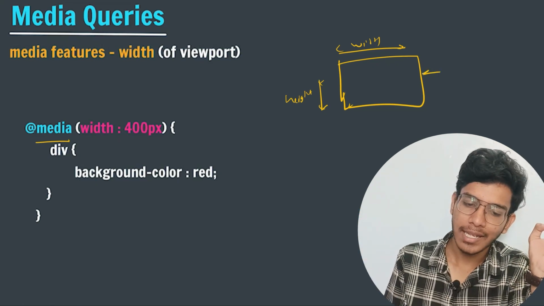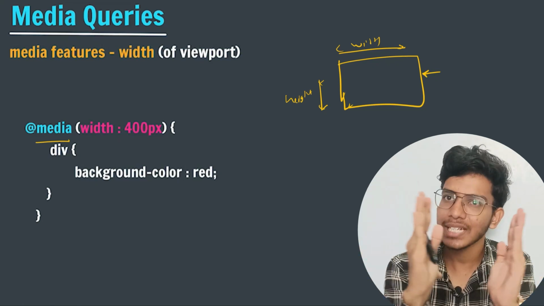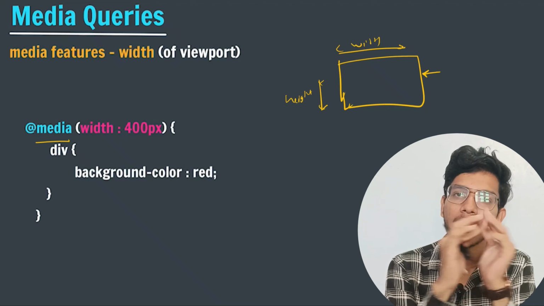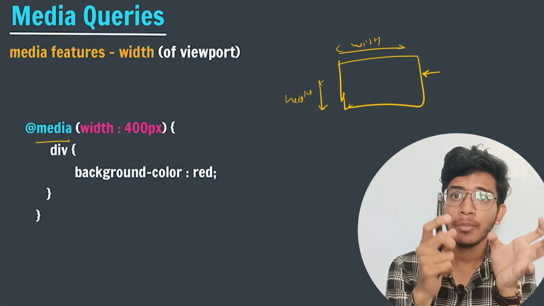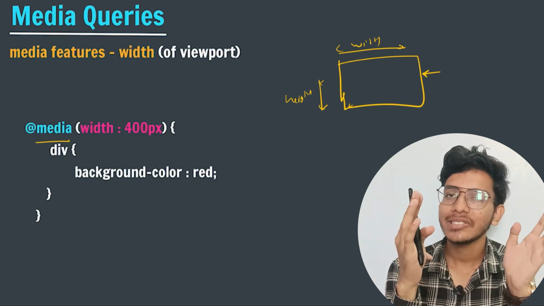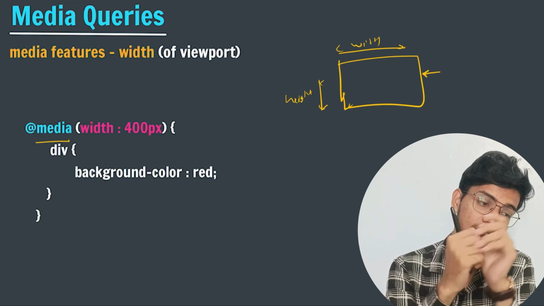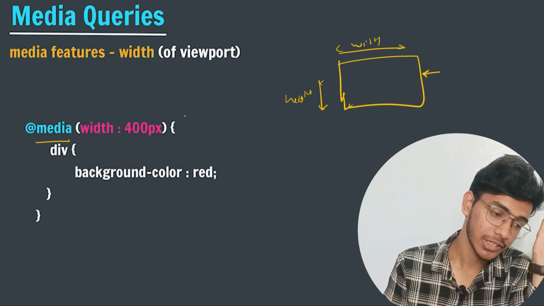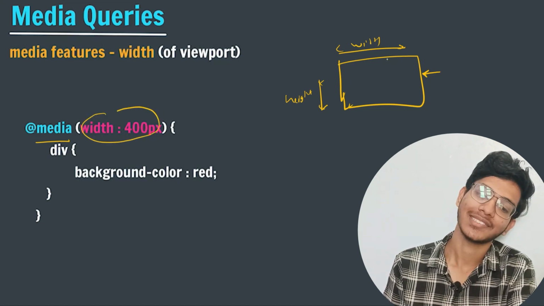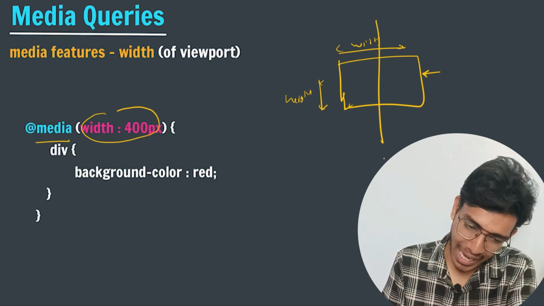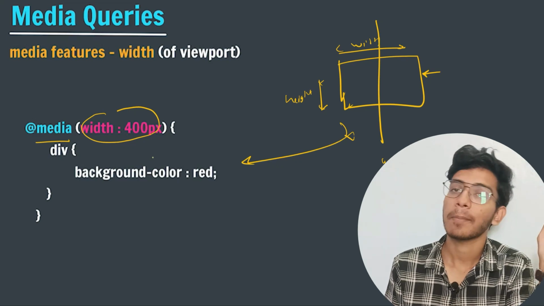I'm compressing my width, basically my screen size, and then I want to change some elements on my screen. How am I going to do it? Using media queries. I will write media and I will write width 400 pixel. So when the width is exactly 400 pixel, this property will get applied.